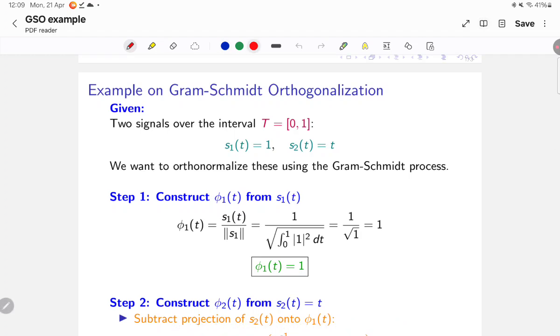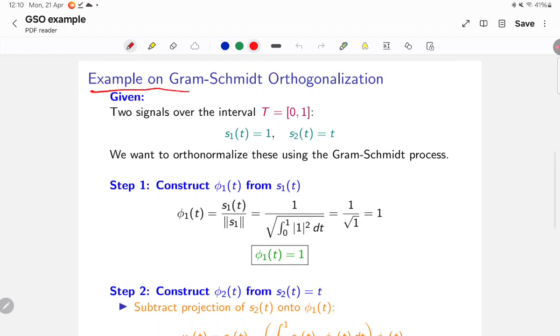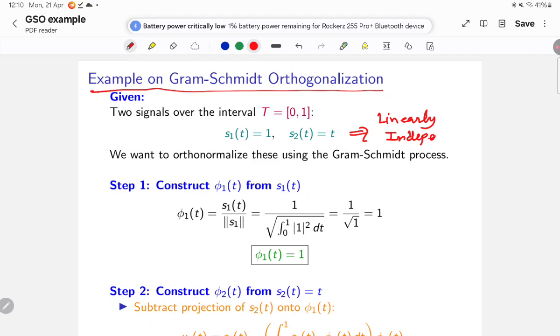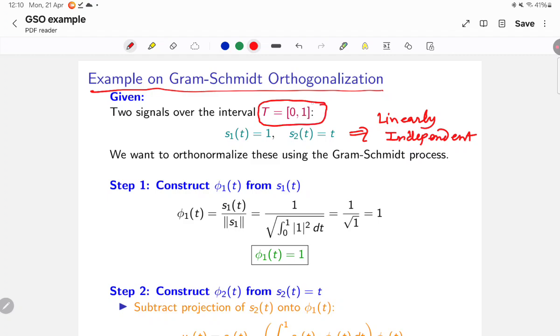So, an example on Gram-Schmidt orthogonalization. We have taken two signals, right? S1 and S2, and these are linearly independent. This is the basic condition, right? 1 or t is linearly dependent, and we are taking over 0 to T, right?